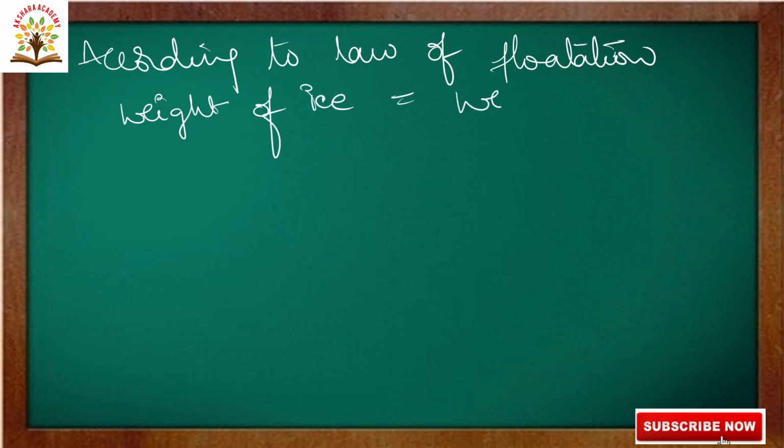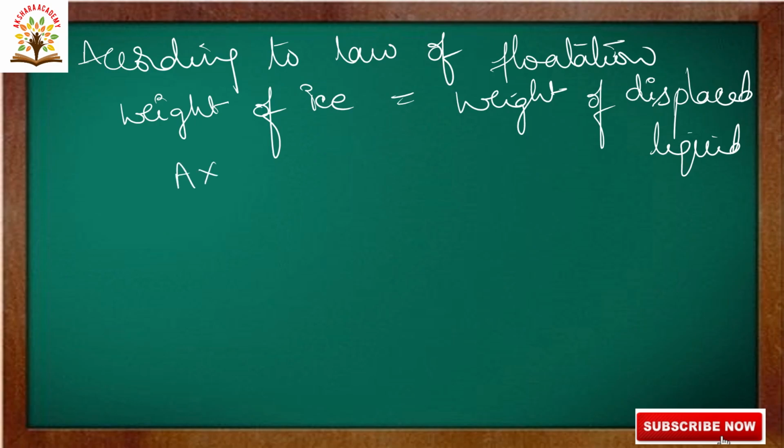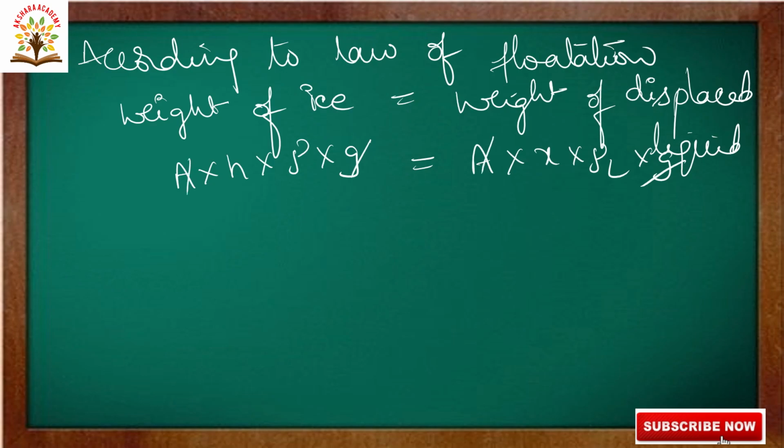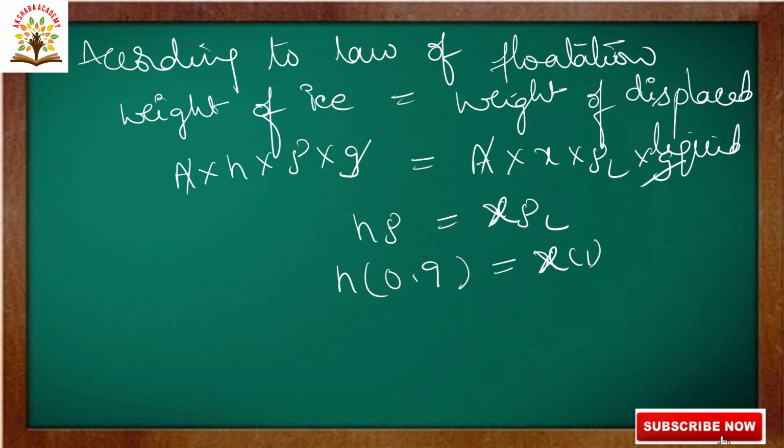Substituting, weight of ice is A into h into rho into g, which is equal to weight of displaced liquid, A into x into rho L into g. g gets cancelled and A gets cancelled. So h rho is equal to x into rho L. h into 0.9 in the CGS system is equal to x into 1, since rho L is given as 1. So x is equal to 0.9 h.